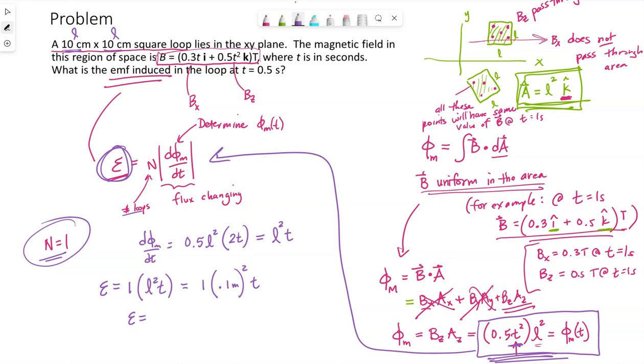So what we have right here is 0.01 t is the induced voltage. That's what this represents, the induced voltage or EMF in the loop. Having a t in here is simply telling us that the value of this induced voltage is changing with time.